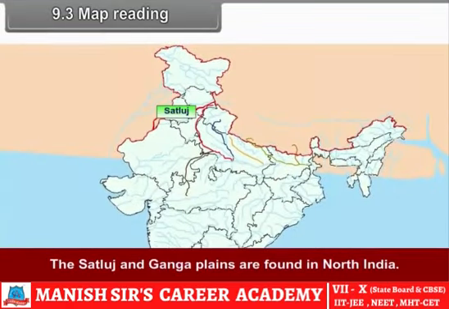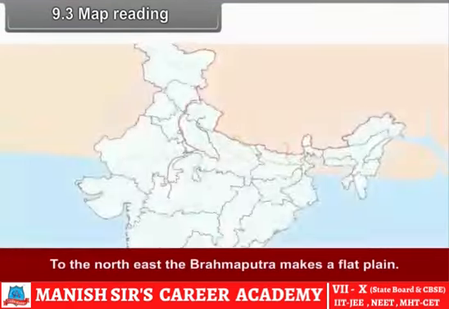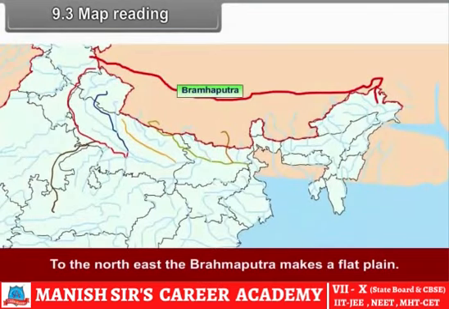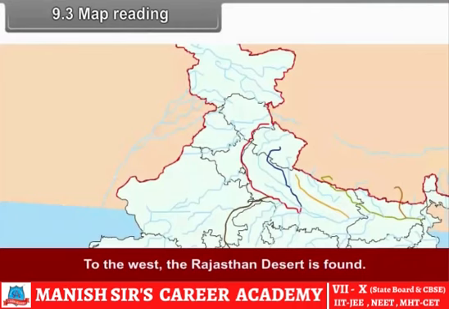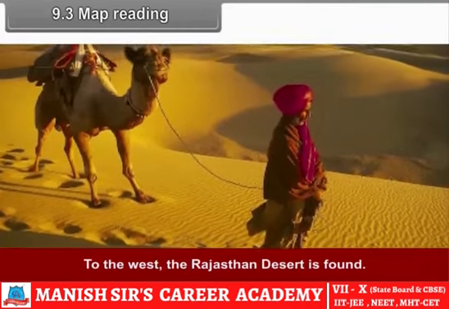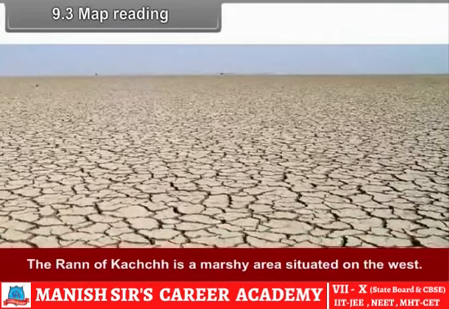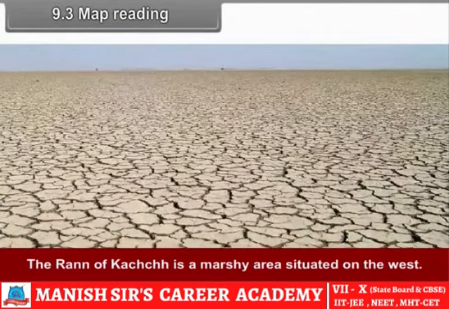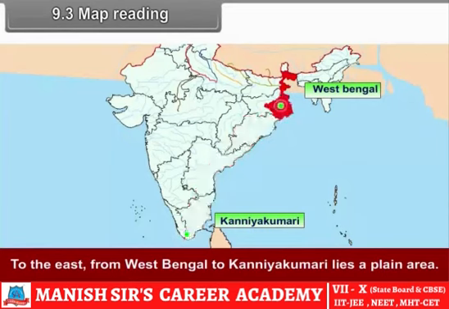The Satluj and Ganga plains are found in North India. To the northeast, the Brahmaputra makes a flat plain. To the west, the Rajasthan desert is found. The Rann of Kutch is a marshy area situated on the west. To the east, from West Bengal to Kanyakumari lies a plain area.